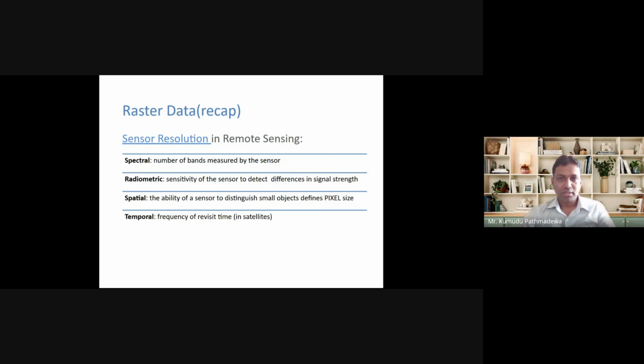Radiometric resolution is the sensitivity of the sensor to detect variation in energy, and spatial resolution determines the size of each pixel on the ground, and the temporal resolution describes how often sensors revisit the same area. So this slide is a small recap.